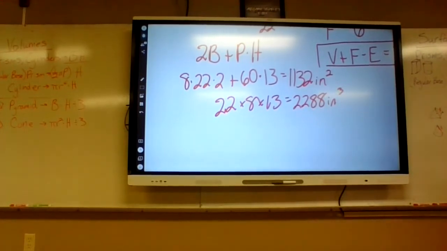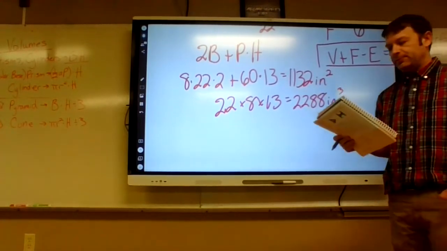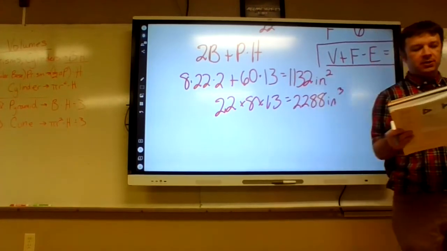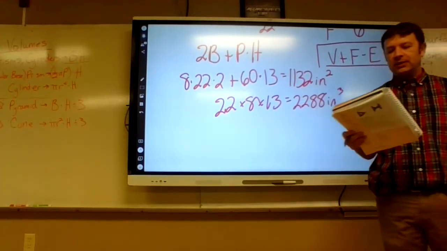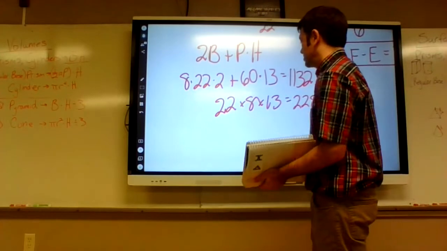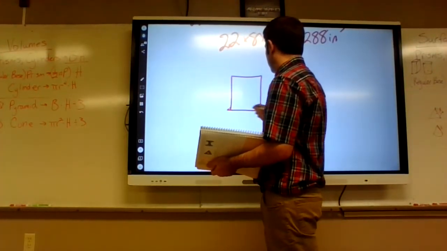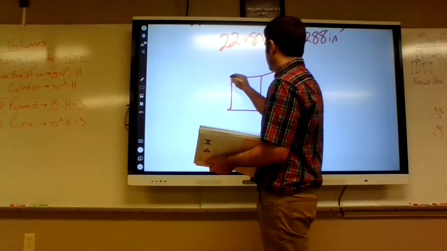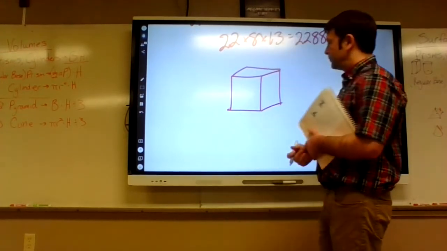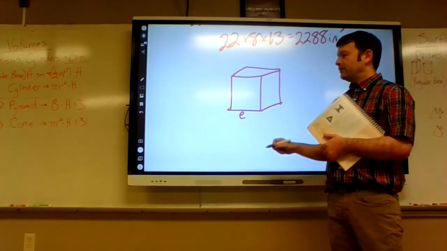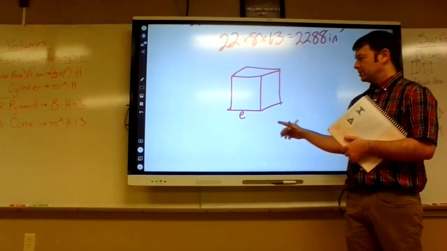Okay, number 11 says find the length of each edge of a cube whose surface area is 1176. I don't think I ever wrote down a formula for the surface area of a cube, but if I call this side E for edge, would that be edge cubed?